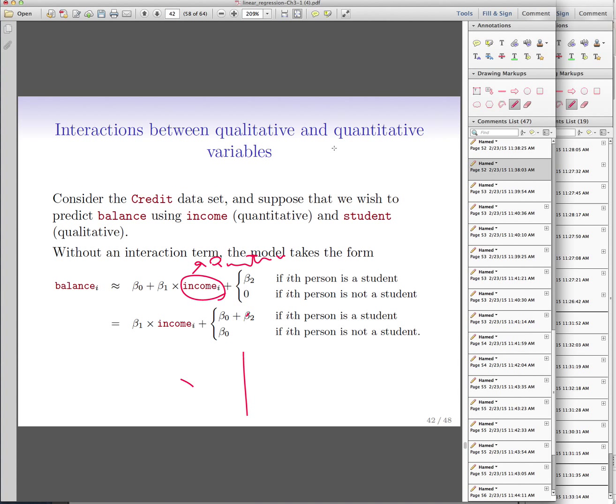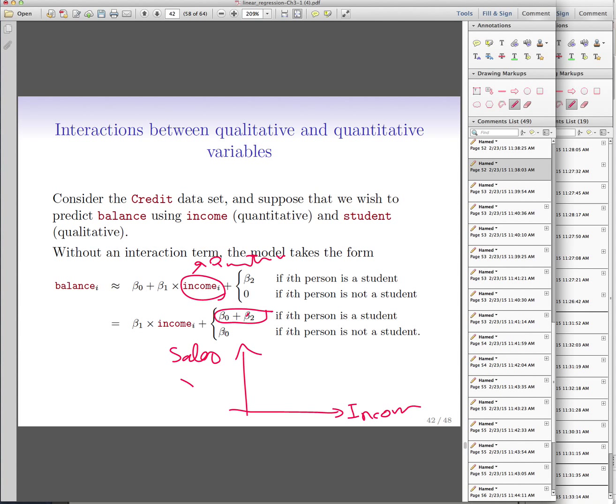Okay, good. So without interaction, that's how things will look like if you have a qualitative and quantitative variable. So beta 2 is a coefficient if it is a student. So if you're a student, then you have beta 1 times income plus beta 0 plus beta 2. So that will be your new intercept. If there is no student, that will become 0.